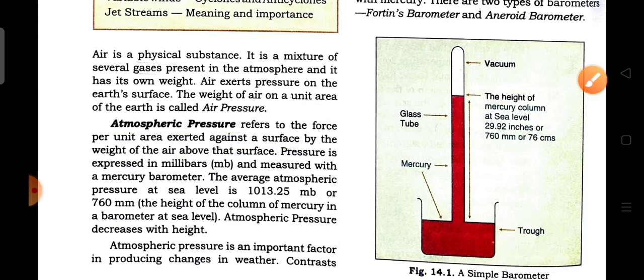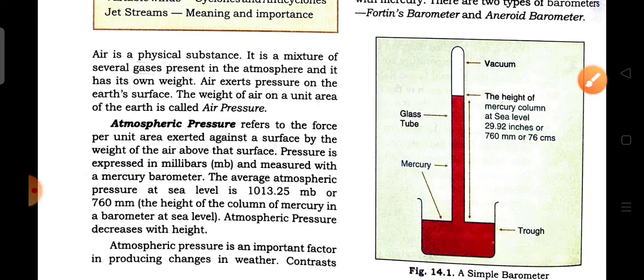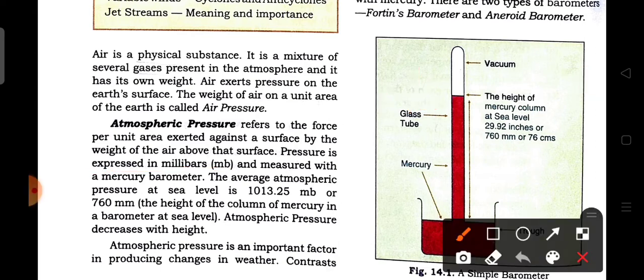The pressure is expressed in millibar, which we call MB, and is measured with a mercury barometer. So we know that we measure atmospheric pressure by a barometer, which is an instrument to measure the pressure.